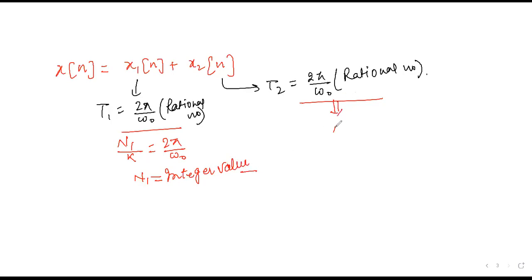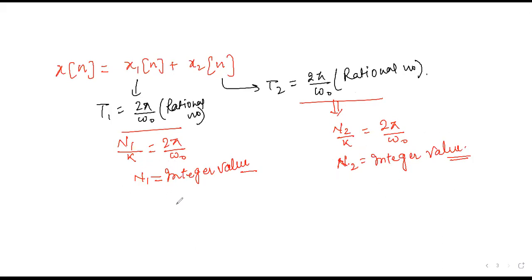Let another one be N2 by k equal to 2 pi by omega naught, so N2 is also an integer value.